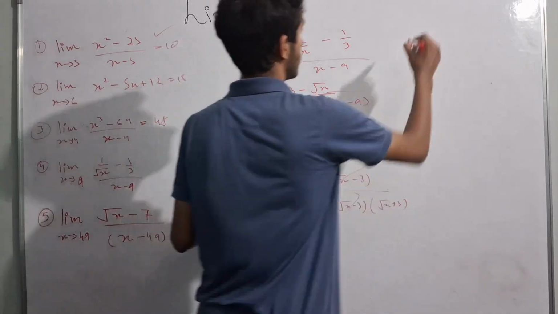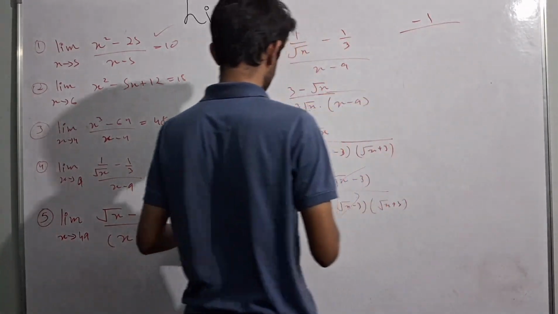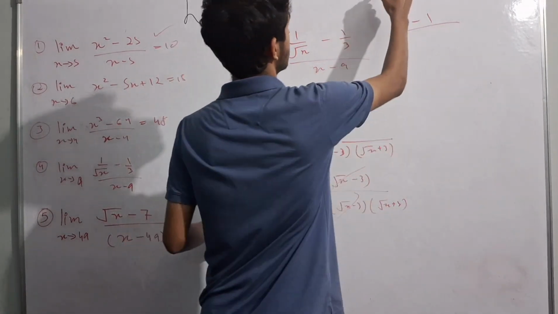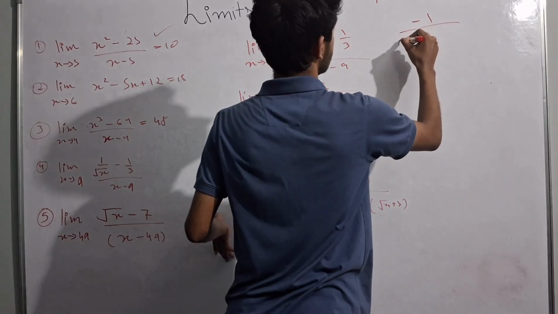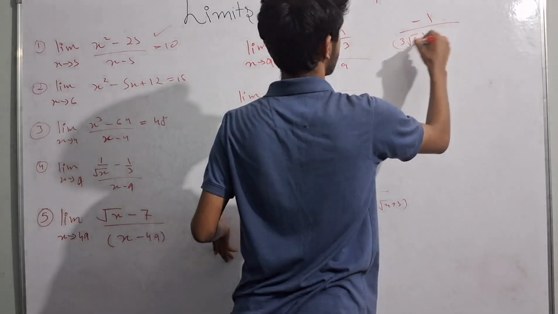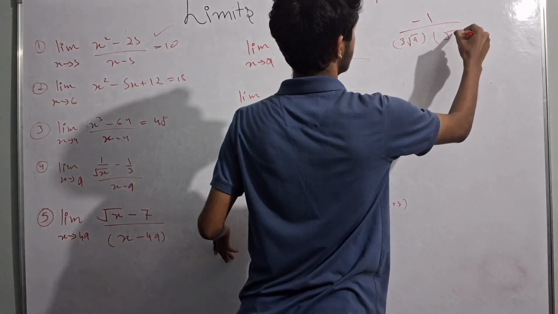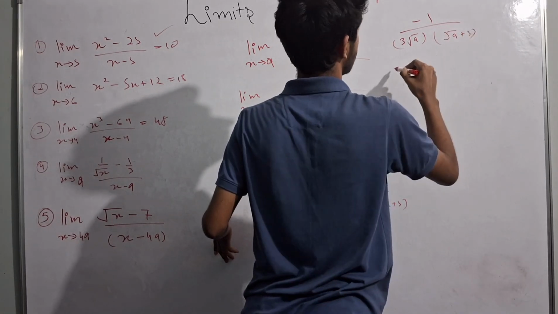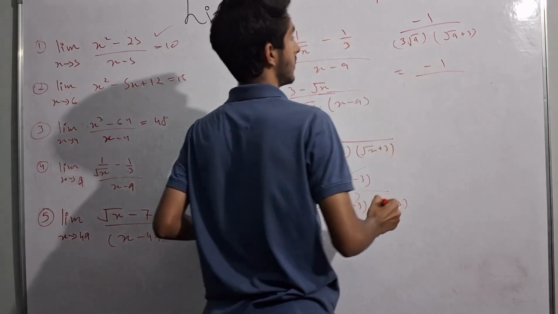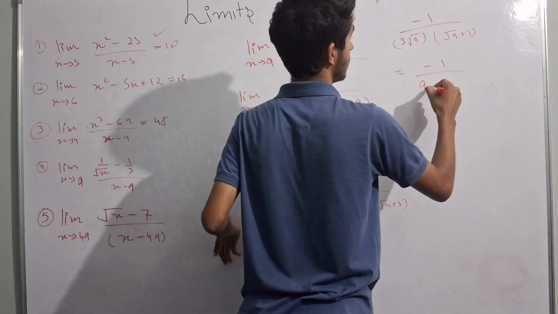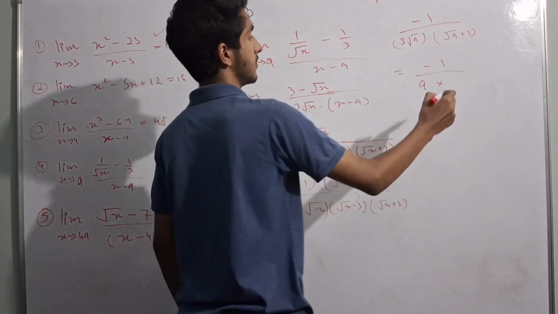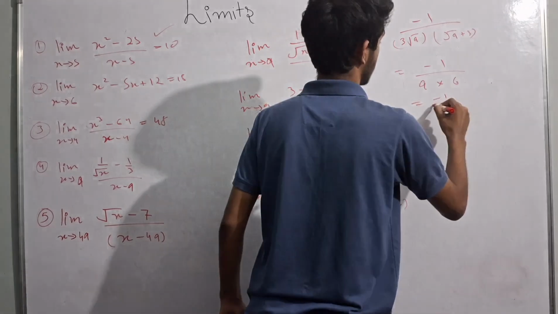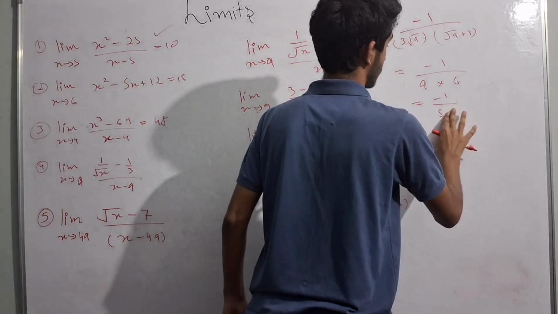So I can put in the value of x is equal to 9. I get 3 root 9 into root 9 plus 3. Root 9 is 3, so I get 3 into 3, 9, into root 9 is 3 again, so 3 plus 3 is 6, equal to minus 1 by 54.